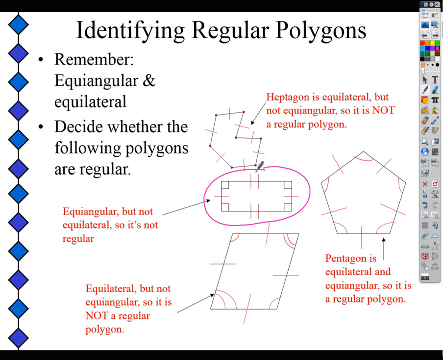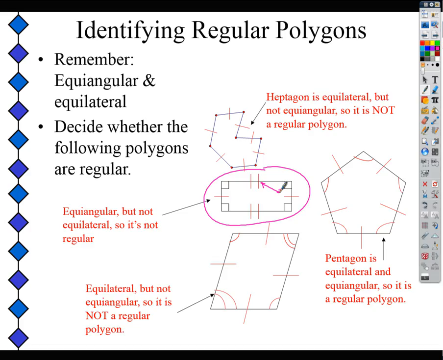All of them have to be the same length, right? Yeah, because these two sides are congruent to each other, and those two are congruent to each other, but these two are not congruent to each other. So it's not equilateral, good.